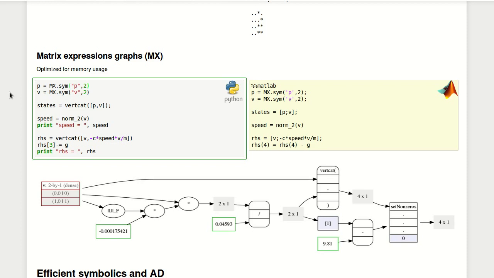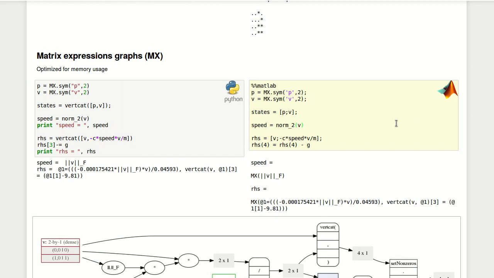You can see here that the representation involves fewer nodes than before, and this is really the core of why MX should exist. So it's optimized for memory usage, while SX is a bit greedy on memory but usually much faster. So you can always make a trade-off between these two.